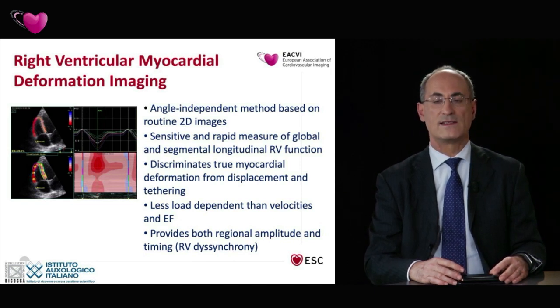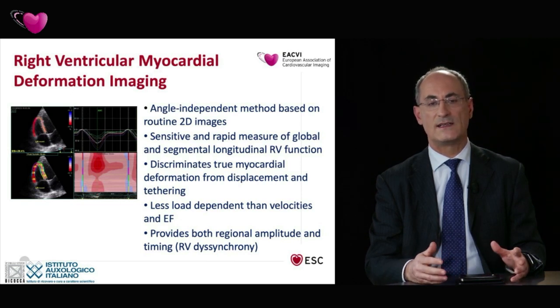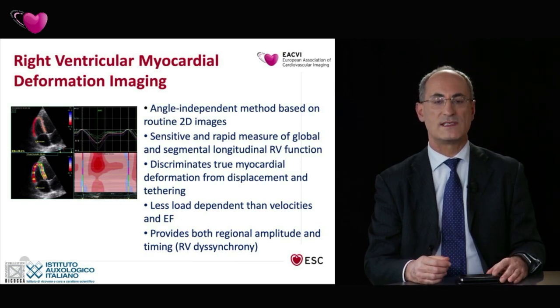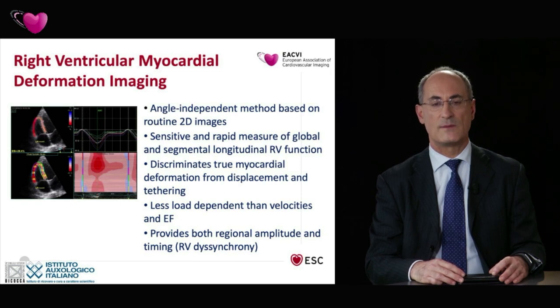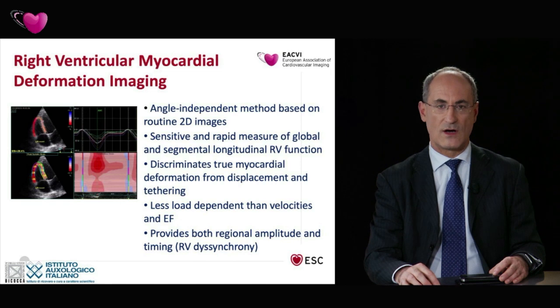It also provides additional parameters like regional amplitude and timing, and we will see how right ventricular dyssynchrony is a less known parameter than left ventricular dyssynchrony, but it's important among the prognostic determinants of our patients.